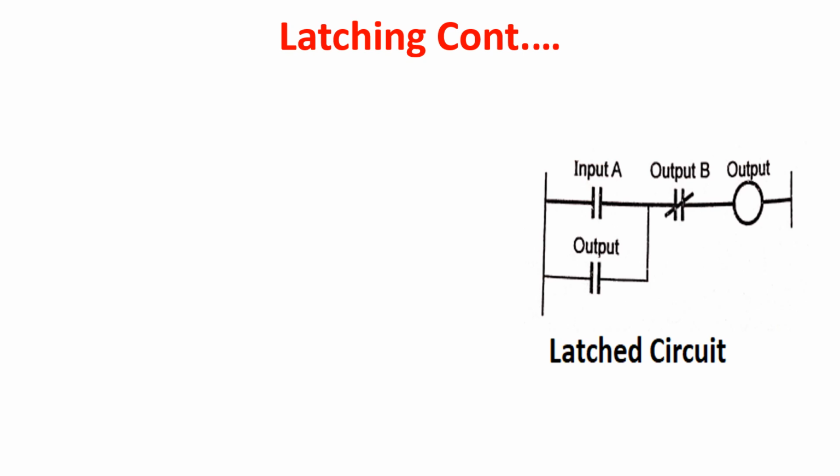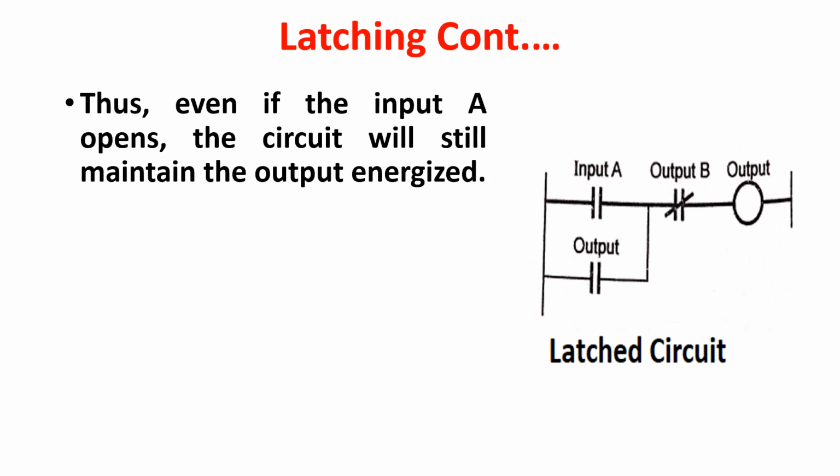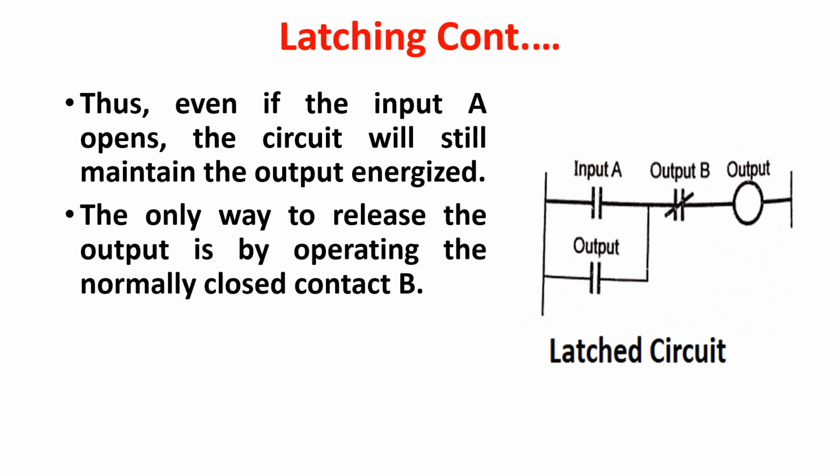Thus, even if the input A opens, the circuit will still maintain the output energized. The only way to release the output is by operating the normally closed contact B. This is indicated in this latched circuit.